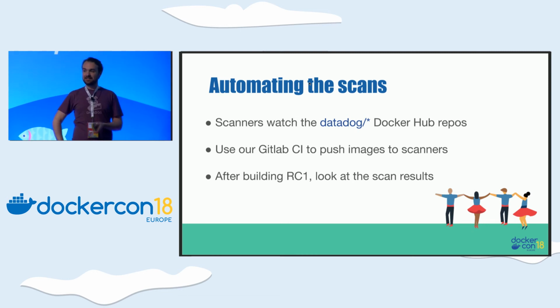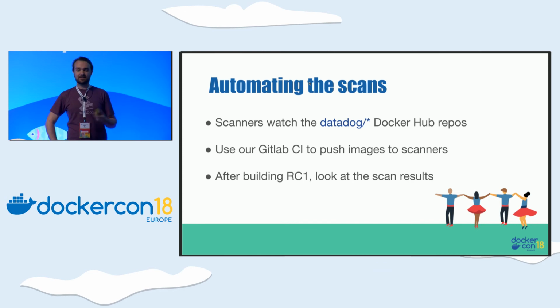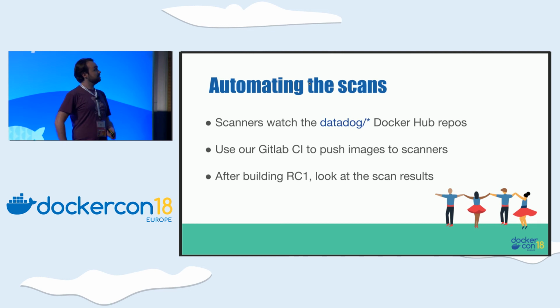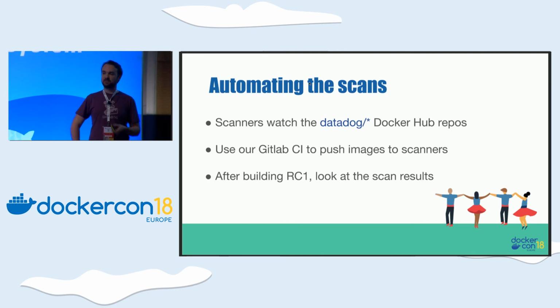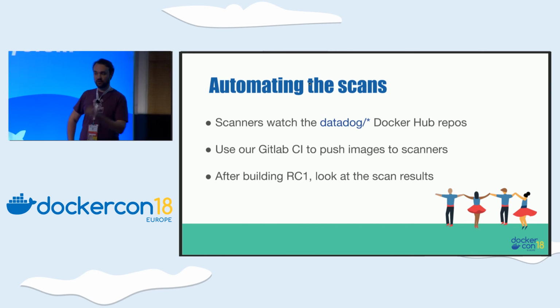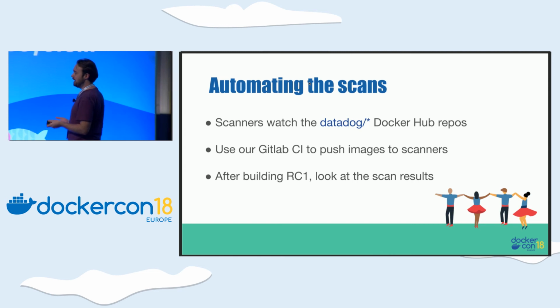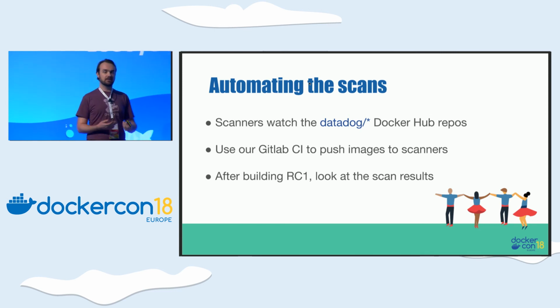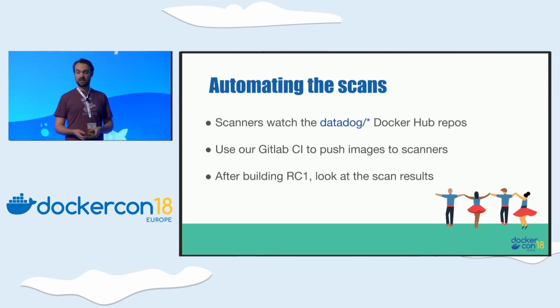And we also set scanners that were able to scan an external repository to directly scan our Docker Hub repo. And that was great. That way you don't have to Docker push. And then we said, okay, let's start with looking at the scan results when we trigger RC1. So code freeze. We have a week of QA. At the beginning of the week, let's look at the reports. And we're going to act accordingly. And if there were any vulnerabilities, we can still act on them and repair them before the release.